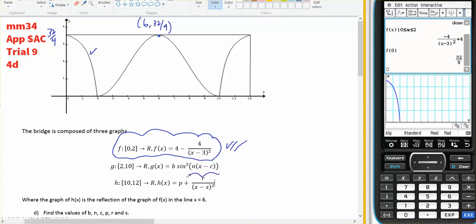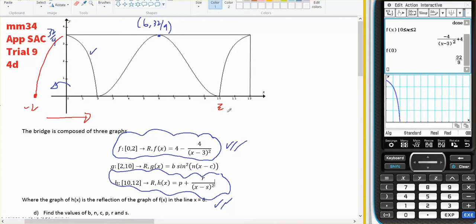Okay, I'd like to do this back one first. So to get this, it's a reflection of this. I'm told that it's a reflection over the line x equals 6. However, if I reflect this over the y-axis, that gives me this, and that's at -2. Then if I translate it 12 units to the right, that will put it at 10.